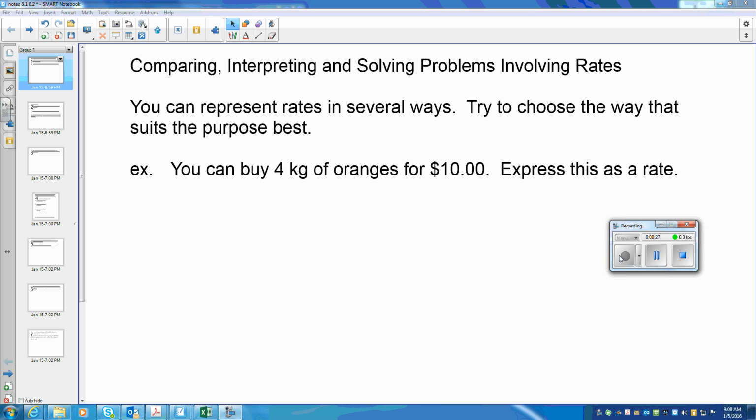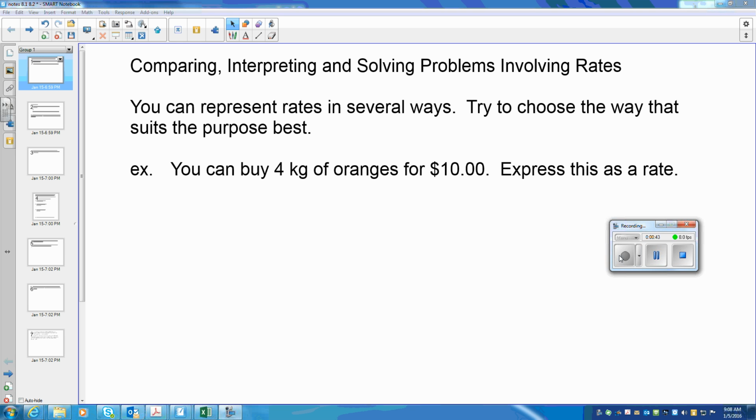Okay? So we were looking at comparing rates. And remember, the rates depend on whatever you're actually doing. We talked about the grocery store usually being in per 100 grams for a lot of the vegetables and produce and stuff like that.